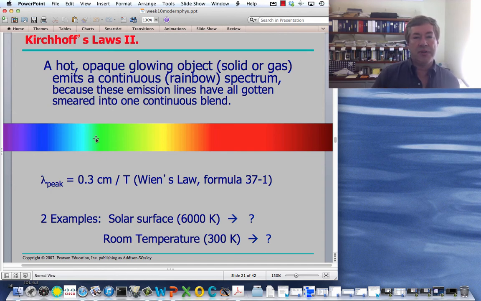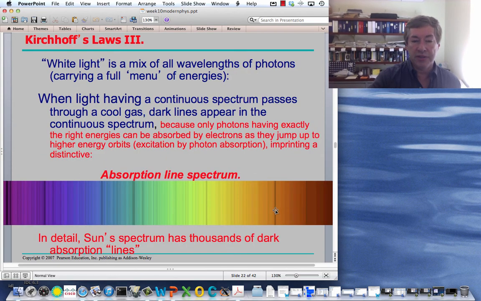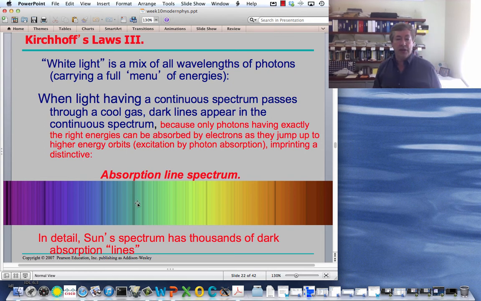In such a case, a flood of photons from a hot source shining through a cooler, thin gas, only a particular distinctive fingerprint of dark absorption bands will be imprinted on the spectrum, because only those particular wavelengths, like one there, a few there, two big ones down there, carry exactly the right energy to excite an electron from a lower level to a higher level.